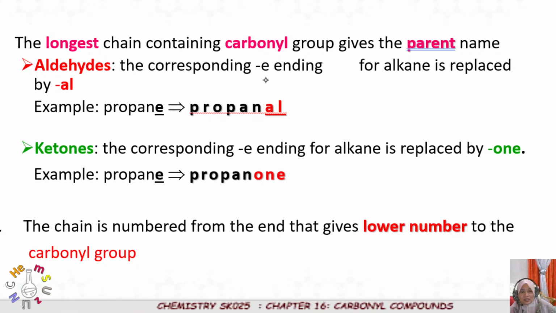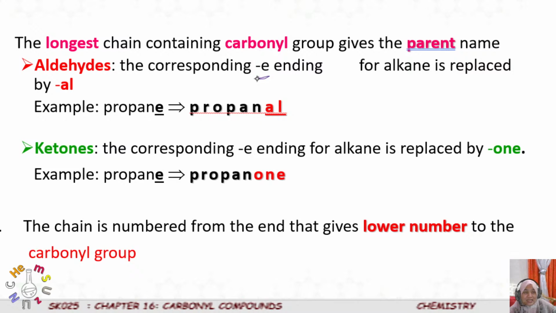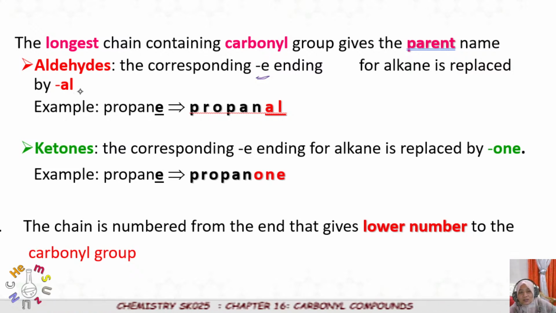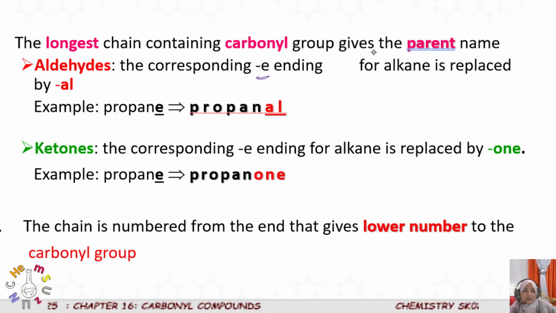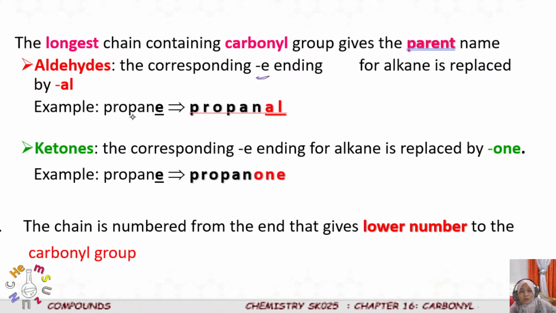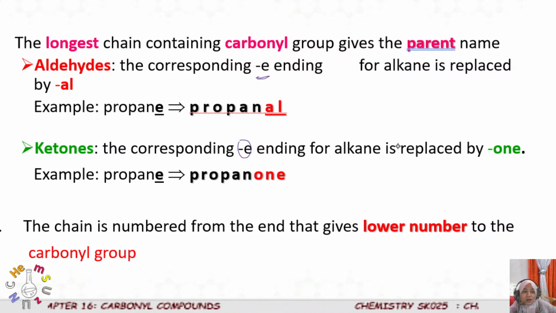If it is an aldehyde, the ending E is changed to AL. Let's say we have ethane, the E of ethane is changed to al, so it becomes ethanal. If we have propane, it becomes propanal. For a ketone, the ending E of the alkane is replaced by ONE.